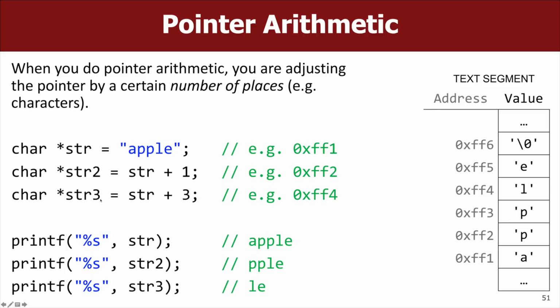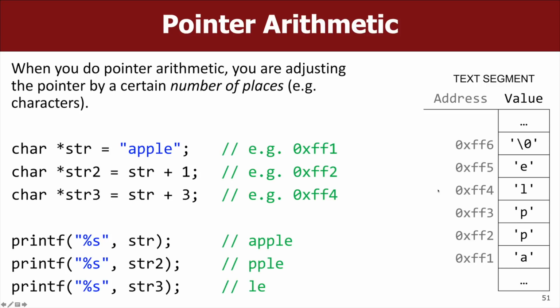So str points to here. I go 1, 2, 3, and it will store the address 0xff4, which is where the L lives. And so when I print out these different variables, the first one will print out apple, the second one will print out the string starting at 0xff2, and the third one will print out the string starting at 0xff4.